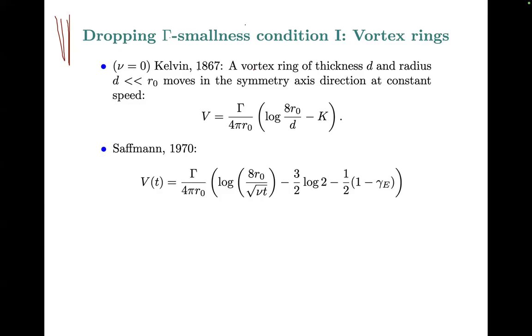So then regarding the smallness, this has been studied from the beginning. It was conjectured by Kelvin already in 1867 that if you start with a vortex ring, the velocity should be the one you see there, right?